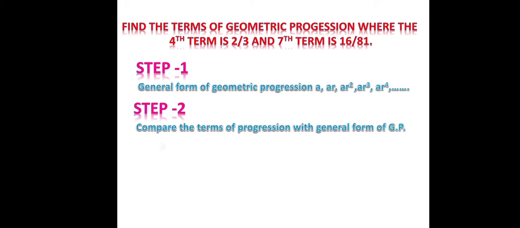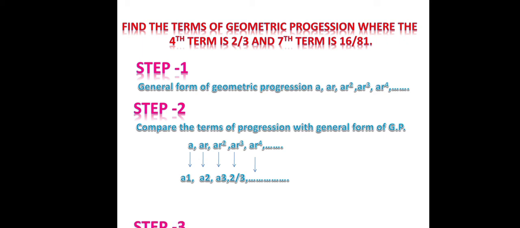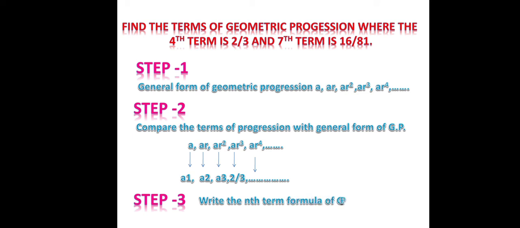Then we have to compare the terms of the geometric progression with the general form of the GP, as A1 is equal to A, A2 is equal to A into R, A3 is equal to A into R square, and here for A4 we have the data as 2 by 3.